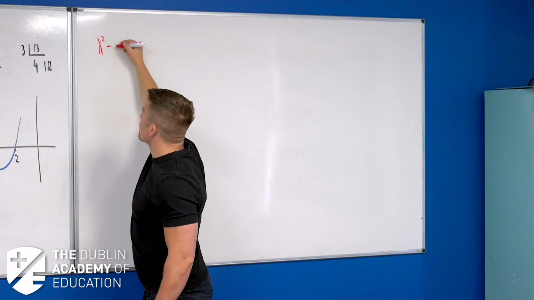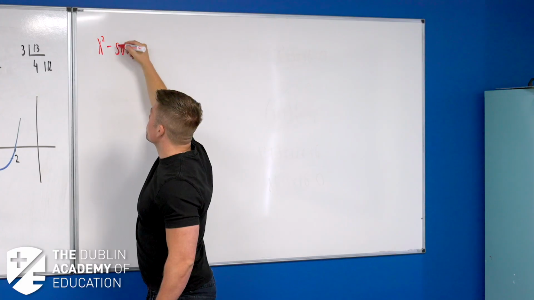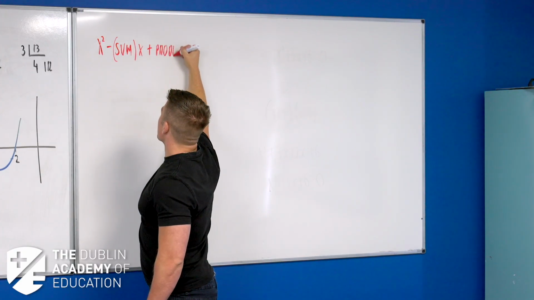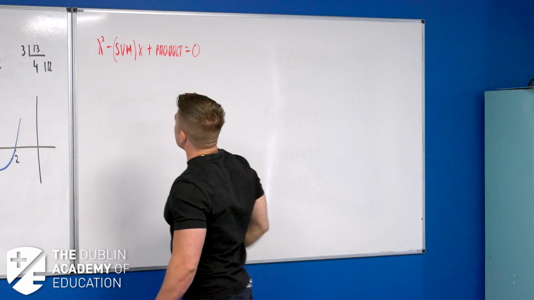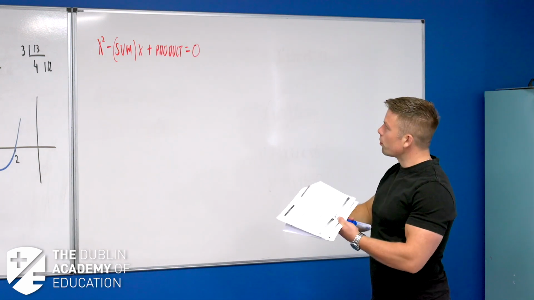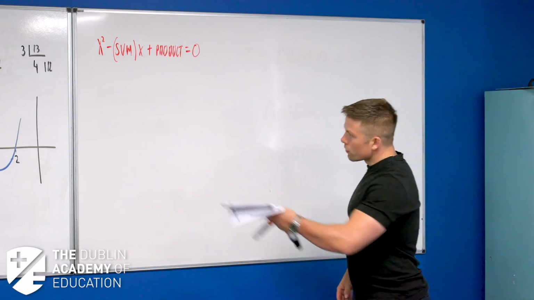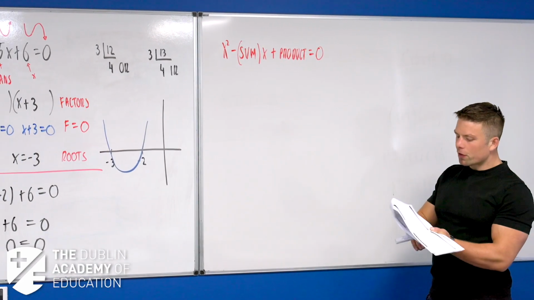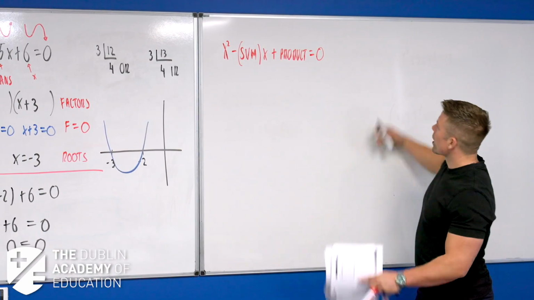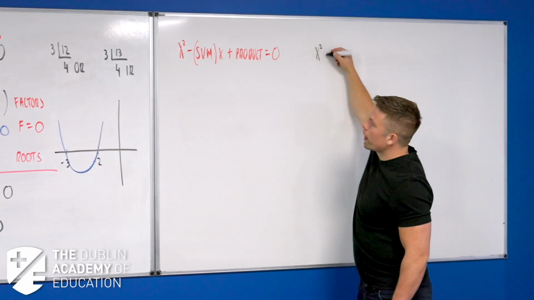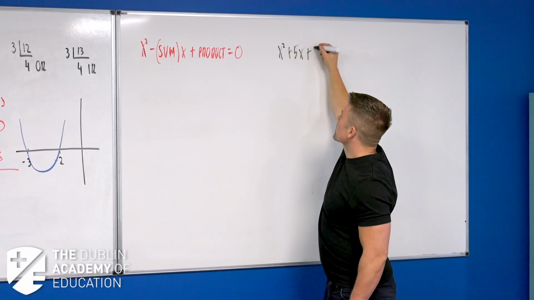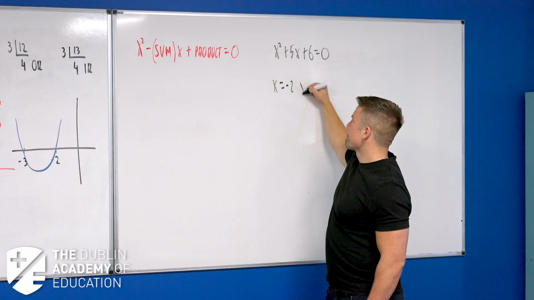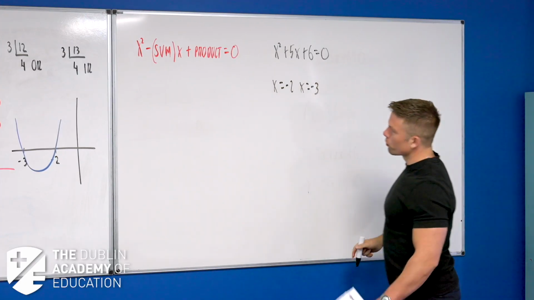We've got x squared minus the sum of the roots times x plus the product of the roots, and that equals 0. So x squared minus the sum, x plus the product. So if we take our example from a minute ago, we had a quadratic which looked like this, x squared plus 5x plus 6 equals 0, and we found out that these were the roots.